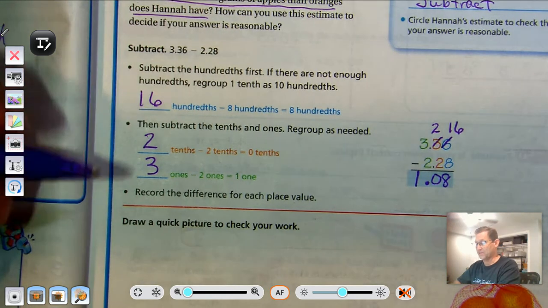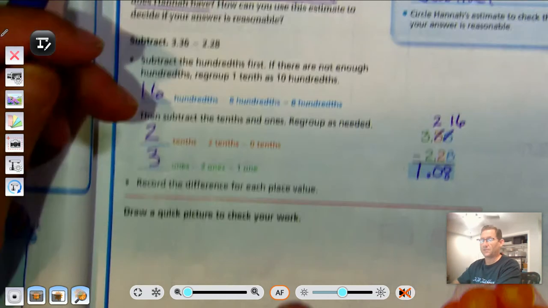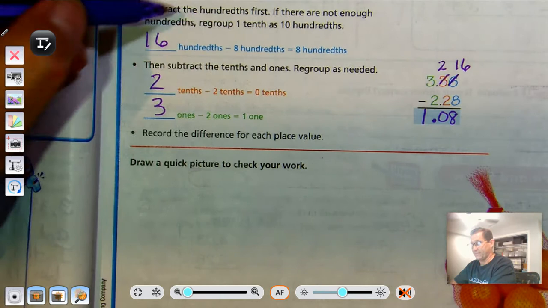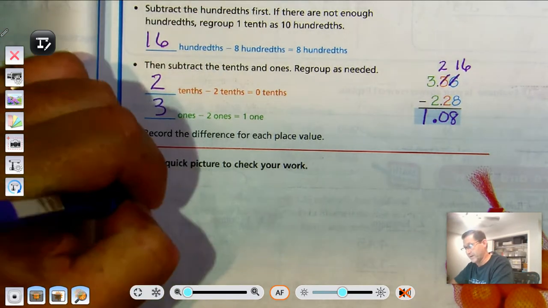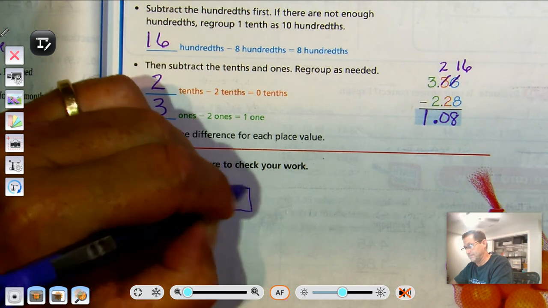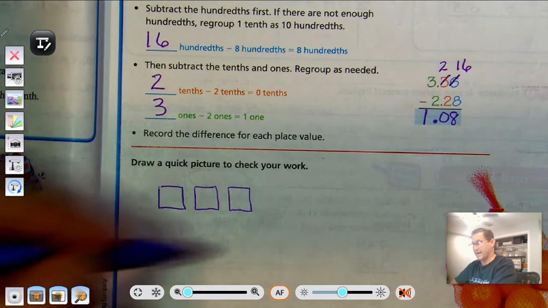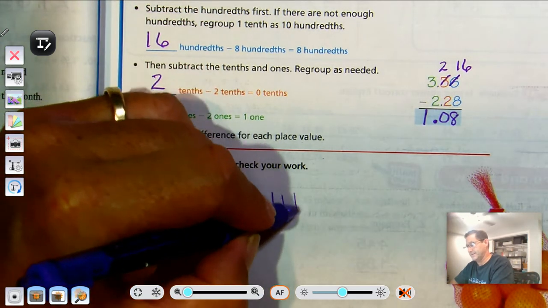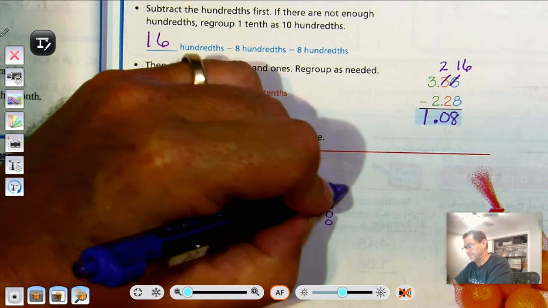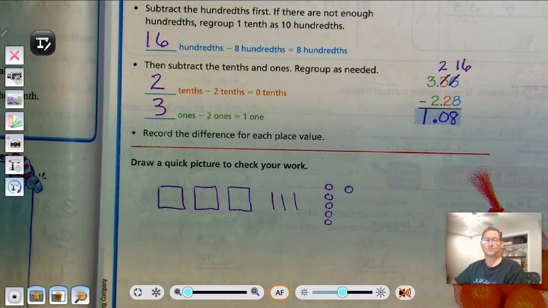So let's draw a quick picture to check our work. So this is a review part. So start with the number that you have. So we have 3 and 36 hundredths.